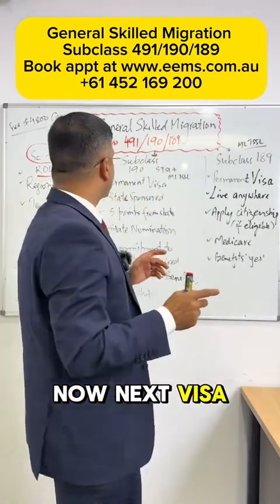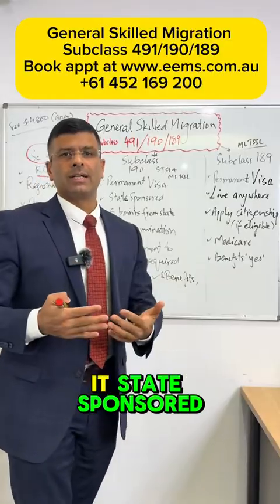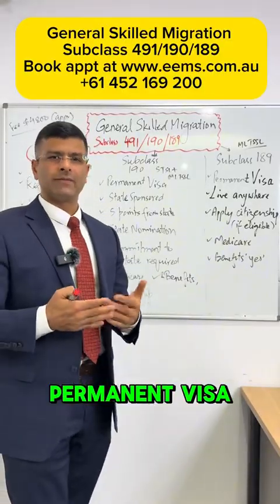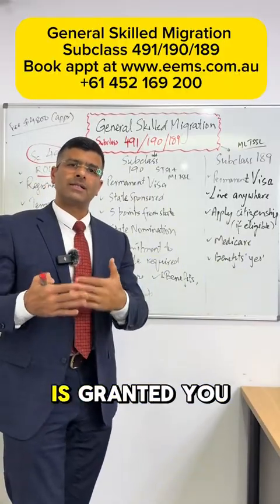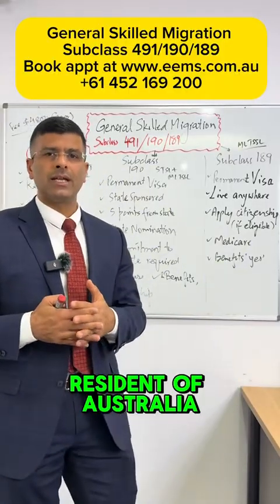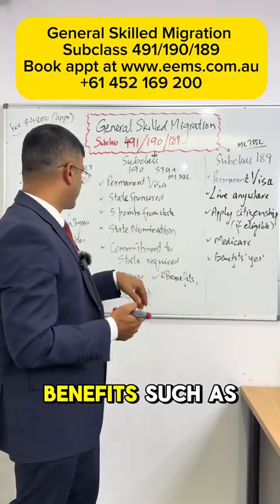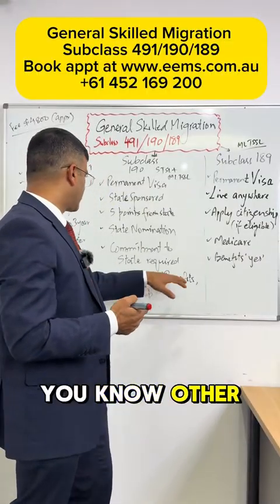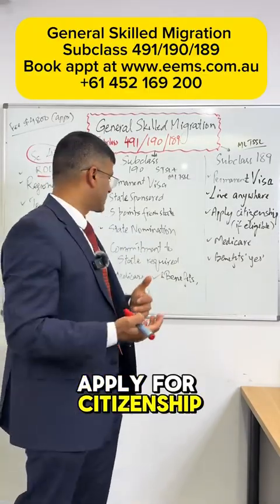Now the next visa is the subclass 190 visa. We also call it a state sponsored permanent visa. This visa is a permanent visa. The day it is granted, you are a permanent resident of Australia, so that means you are eligible for benefits such as Medicare and other benefits. If you meet the criteria for citizenship, you can also apply for citizenship.